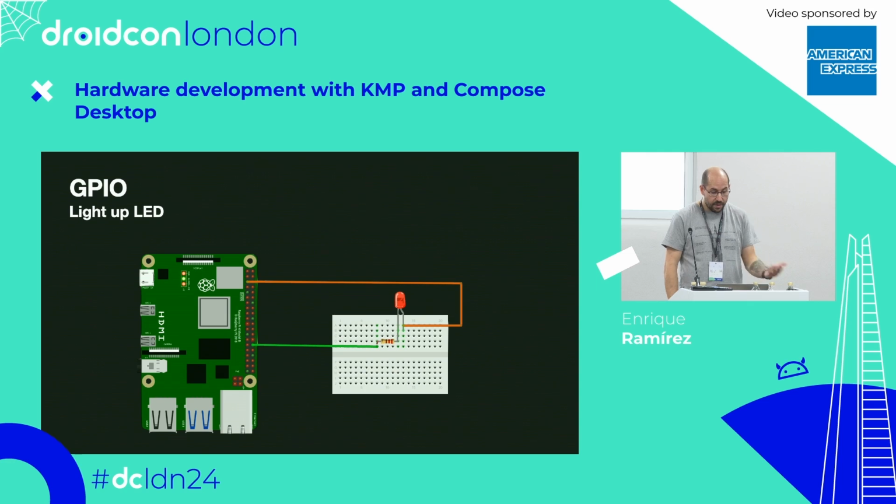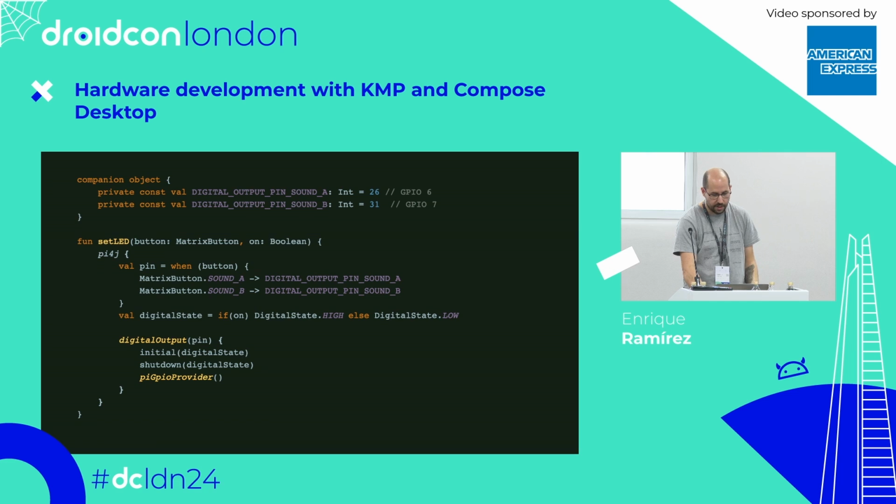And with the LEDs, it's even easier. You just need to put a resistor and the LED and your pin, and then ground it. It's nothing complex, and it's even easier to define. You just need to know whether or not your LED is going to be on or off. Pi4J in the DSL, super nice and clean.